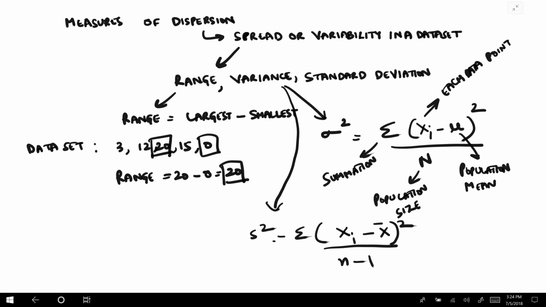So again, this is summation, this is each data point, this is sample mean, and then this represents sample size.